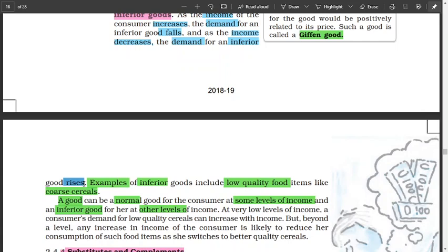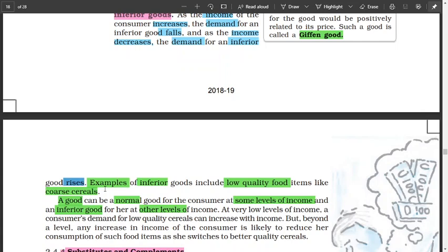When you're becoming richer and richer, you don't want to consume them anymore. You buy other things. Examples are low quality food that you buy when you don't have money. When you have money, you don't want to buy those types of foods like coarse cereals. You want to buy better quality goods. So that's why more money, less demand for these goods.